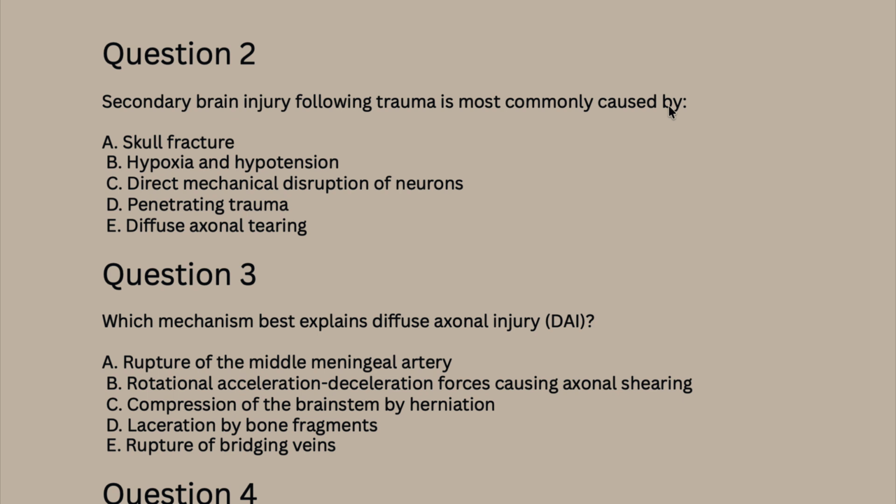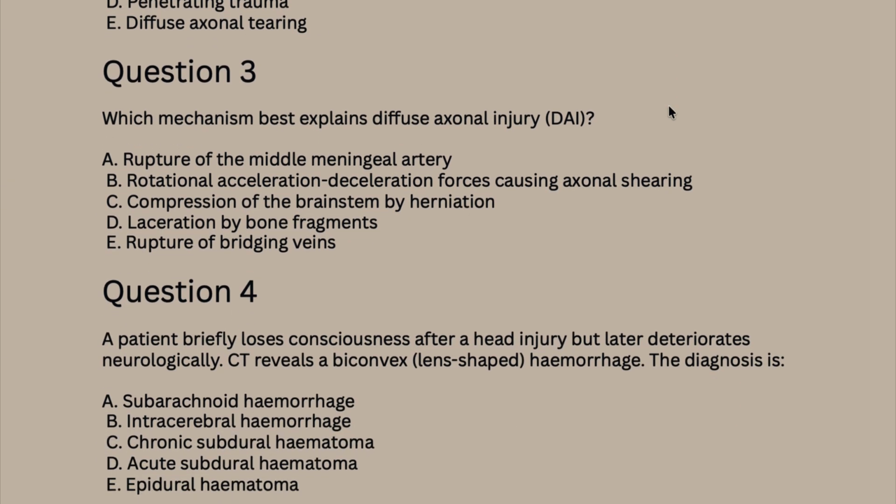Patients often present with immediate coma, prolonged unconsciousness, and surprisingly normal CT scans. A CT scan is a computed tomography scan. If you see high-speed accidents, prolonged unconsciousness and minimal CT findings, then you can think of diffuse axonal injury. Now let's look at question 4.